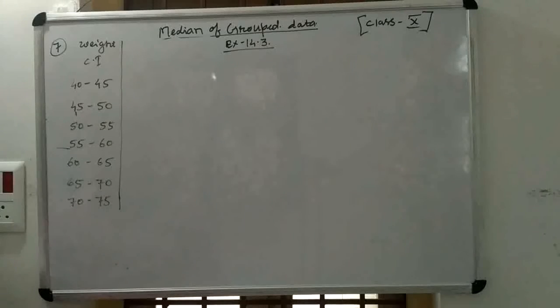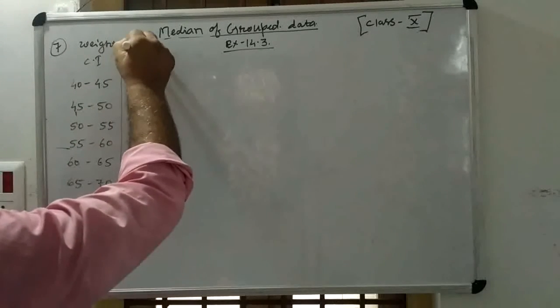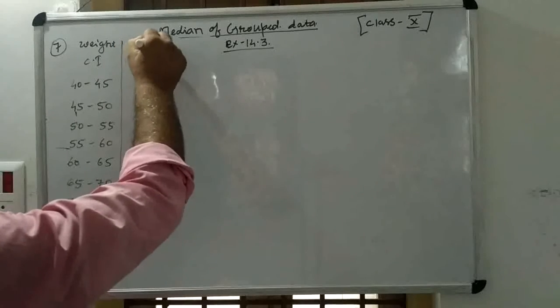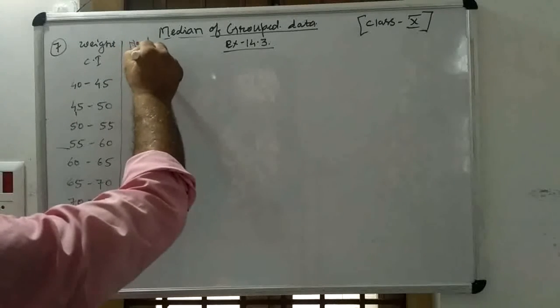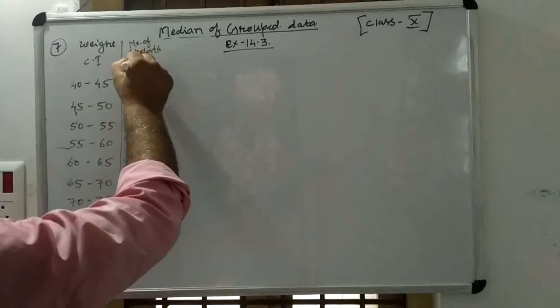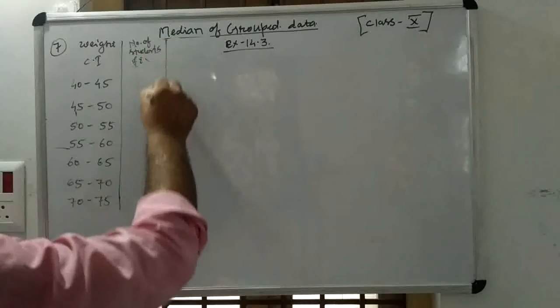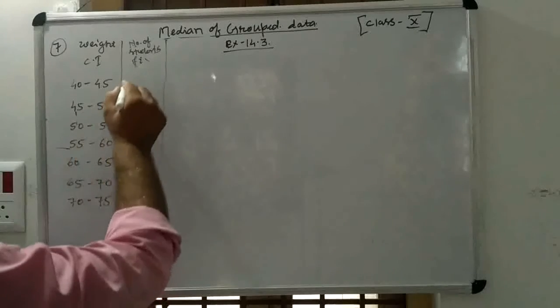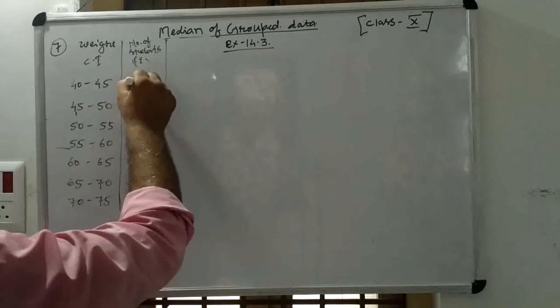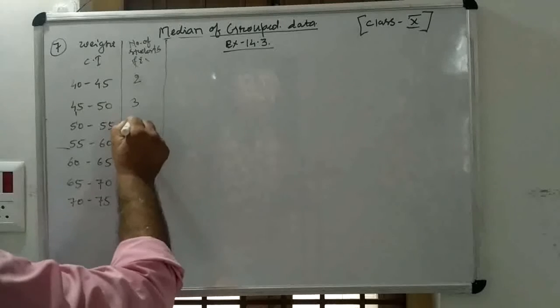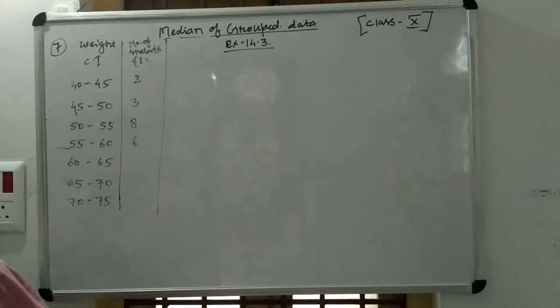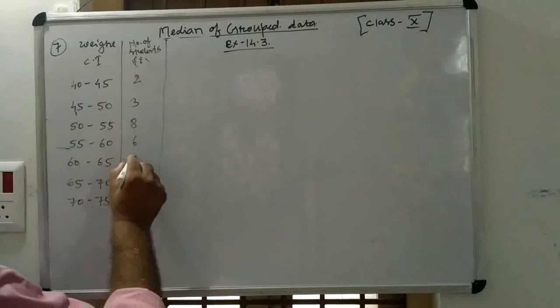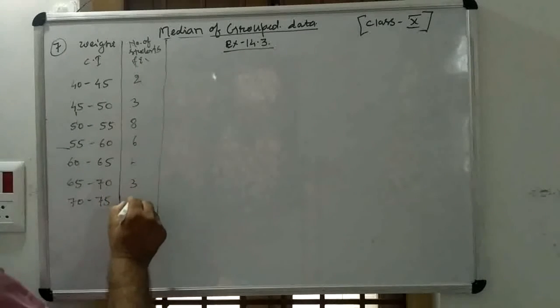These are the weights, and the number of students, which is our fi, is 2, 3, 8, 6, 6, 3, 2.